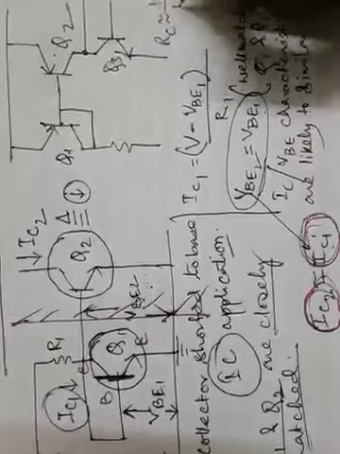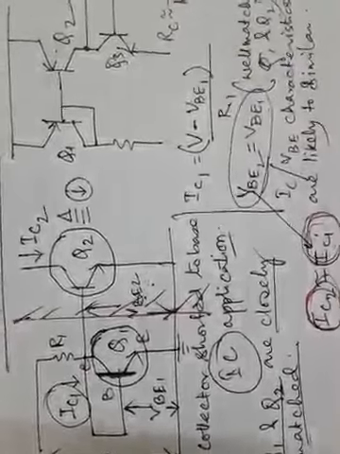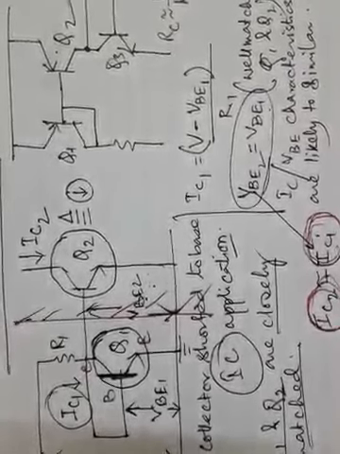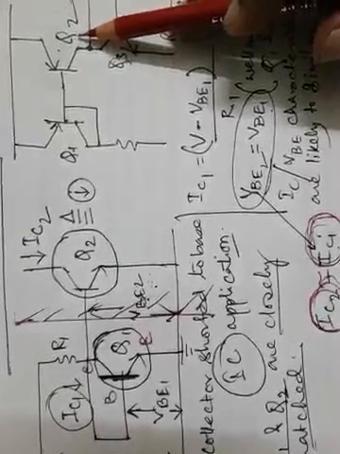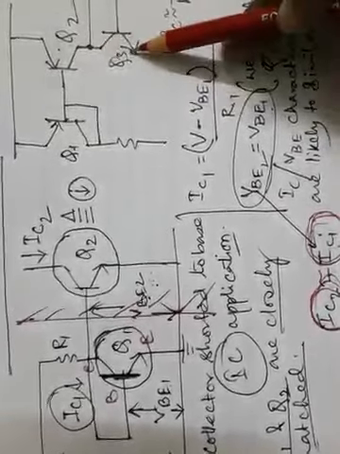And 1 by hoe means what? It is the output resistance. So this Q2 will be behaving as the output resistance for Q3.